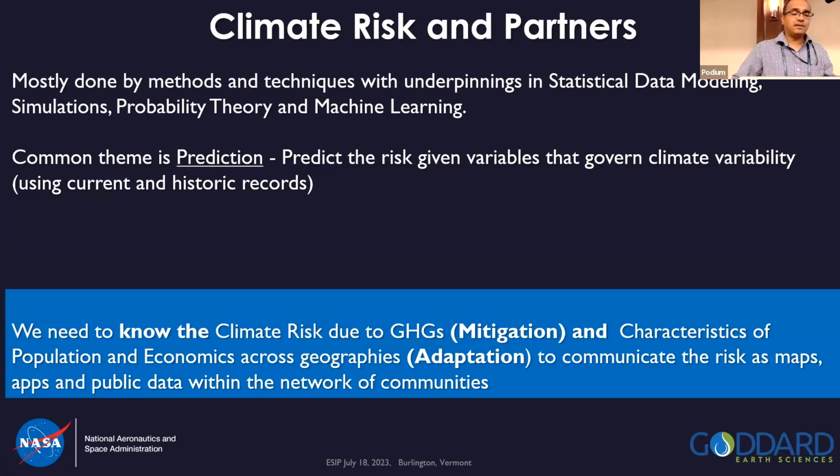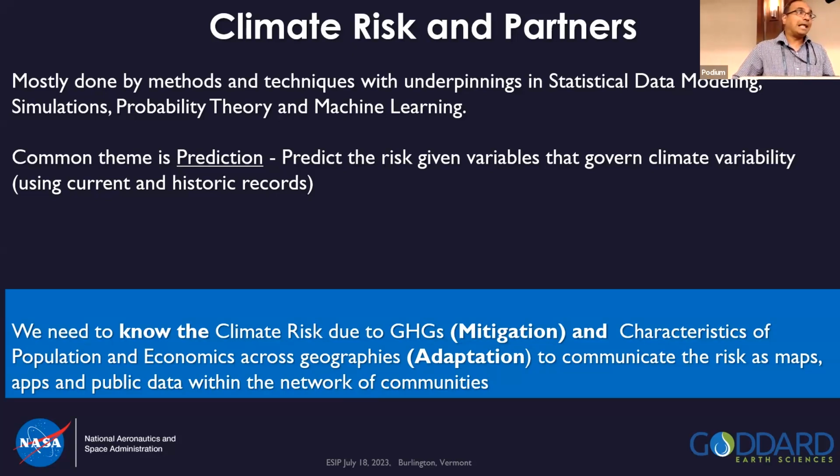You would want to predict the risk given the variables that govern climate variability using current and historical data records. Now here, the prediction of risk doesn't necessarily mean giving it a numerical value, but for communities, it's mostly about the likelihood or the odds of certain things happening, which is slightly different than just a pure probability number, right?